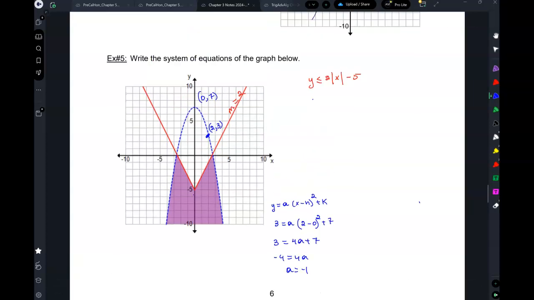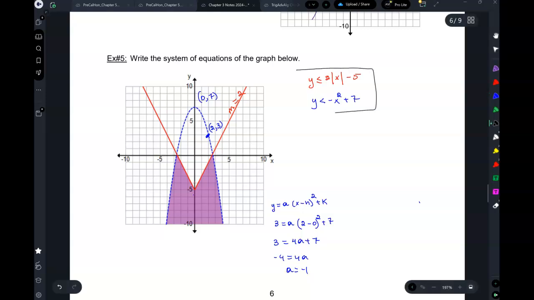So y, what's the inequality symbol going to be? Less than negative x squared plus 7. Okay? And that's it. Those are the two inequalities that will give you this graph.